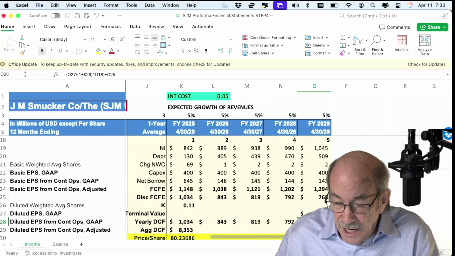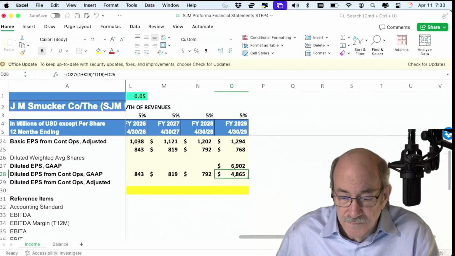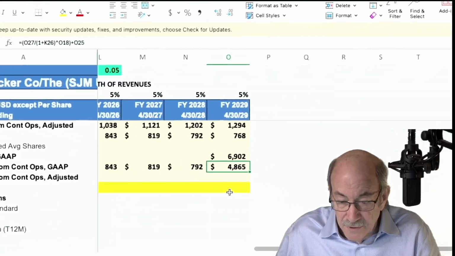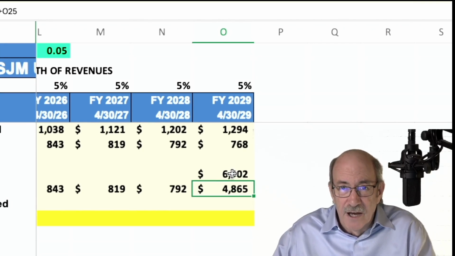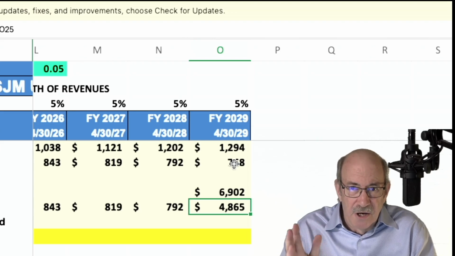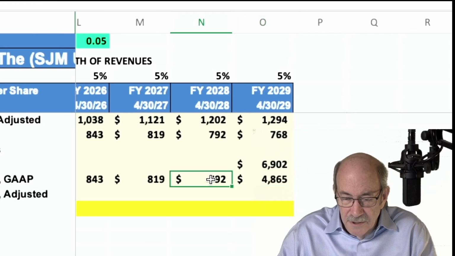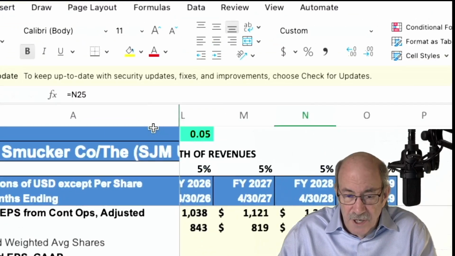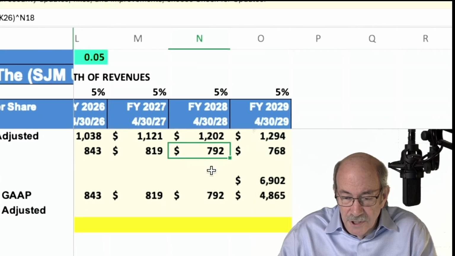So now I have this 4.865 billion right here. This amount is my terminal value at the end of year 5 plus my year 5 free cash flow, both of them discounted back 5 years at 11%. And then 792 is just my discounted cash flow for year 4.